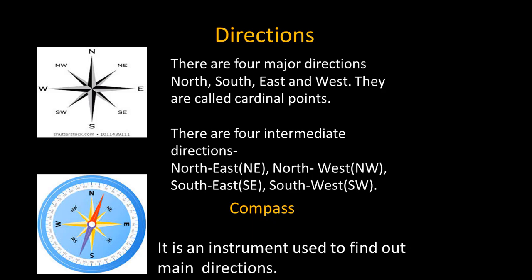And there is an instrument which is used to find out the main directions, that is all the four directions, north, south, east and west. A compass has a magnetic needle which always points towards the north and south direction.